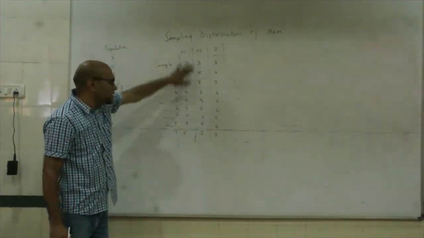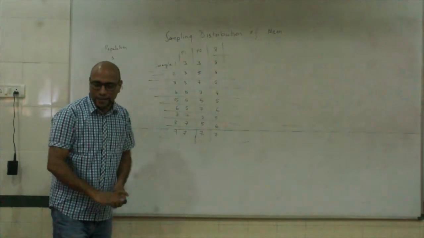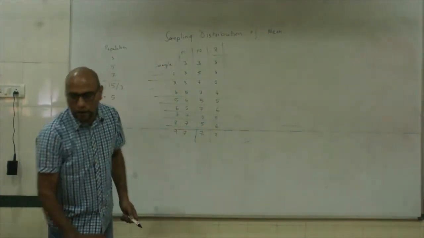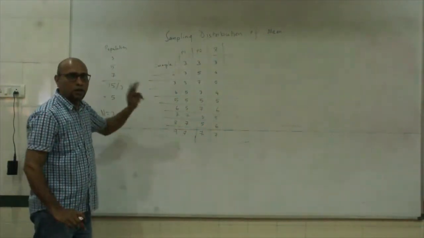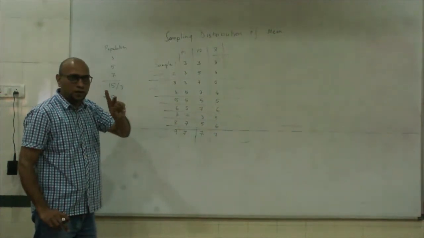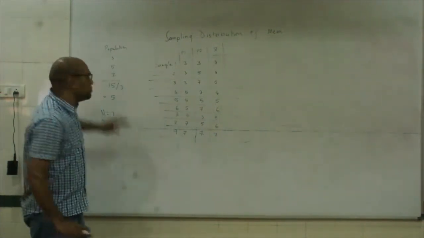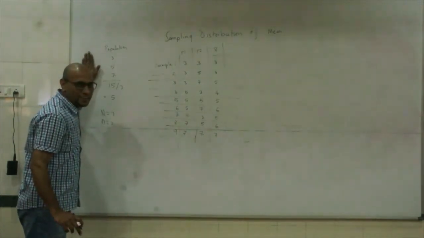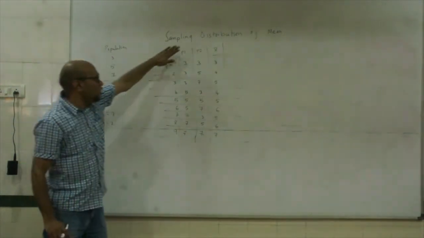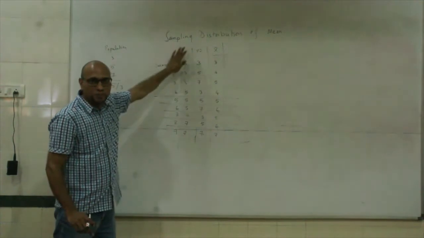Now, once I have this kind of data, what I have basically done is, if I'm drawing samples of size 2 from a population of size 3, then these are all the possible samples I can draw. Right?